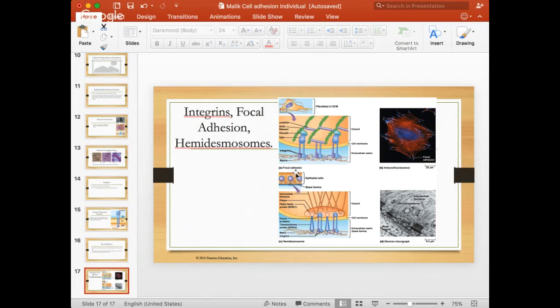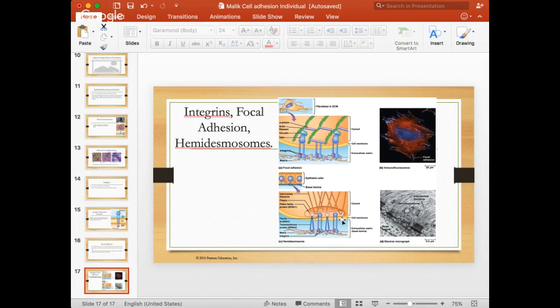We have the focal adhesion, the immunofluorescence, and the electron micrograph. Also, you will find focal adhesion kinase, growth promoting, and the integrin-linked kinase, you see scaffolding proteins.